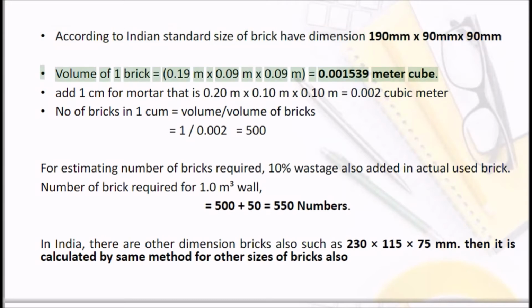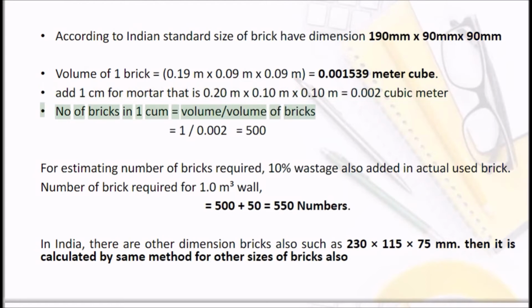Volume of 1 brick equals 0.19 m x 0.09 m x 0.09 m equals 0.001539 cubic meter. Add 1 cm for mortar, that is 0.20 m x 0.10 m x 0.10 m equals 0.002 cubic meter.